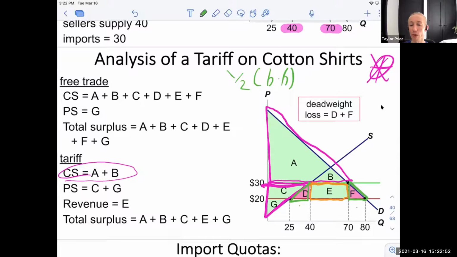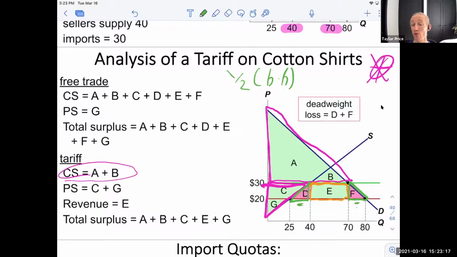Basically, if you compute F, that does not necessarily mean that you don't have to compute D. So I always recommend to students to take the deadweight loss for D and add it to the deadweight loss for F. Don't just assume that you can take the deadweight loss for F and multiply it by 2.